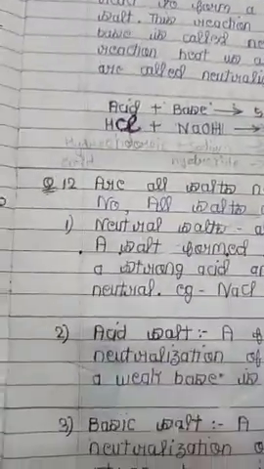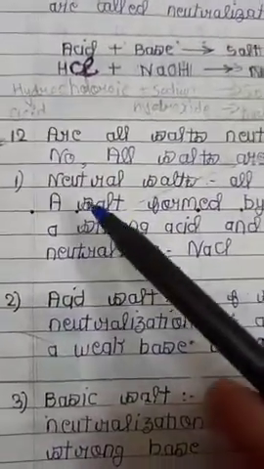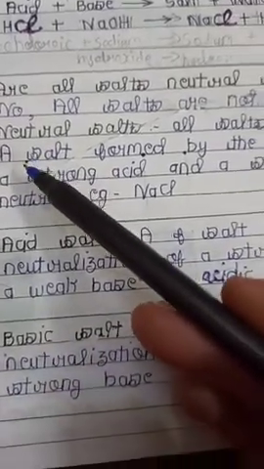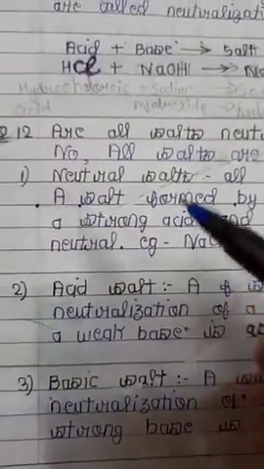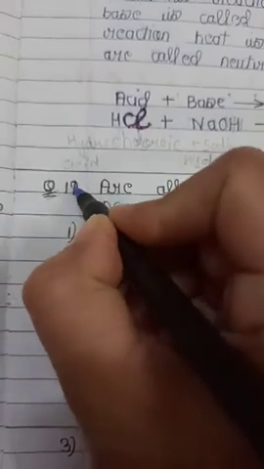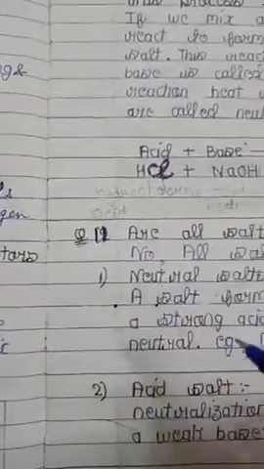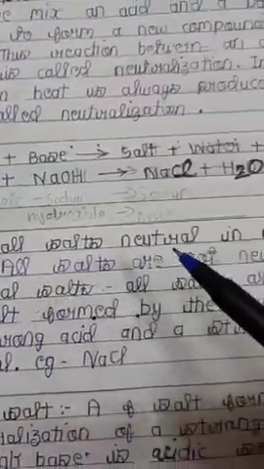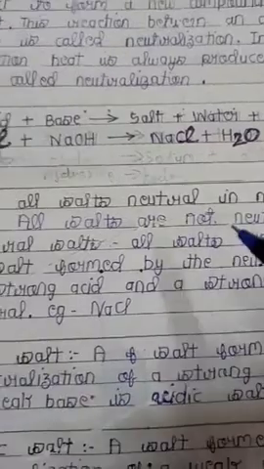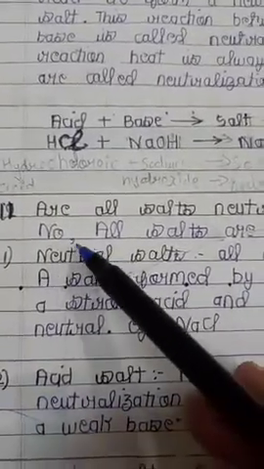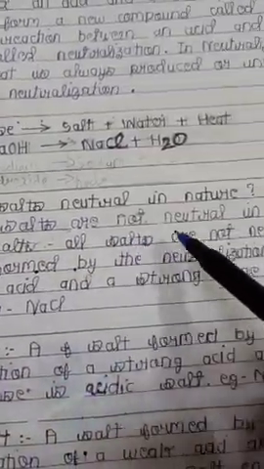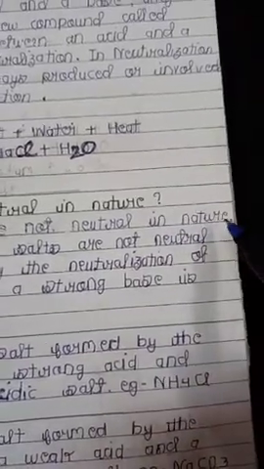Next, question number 11. You can write numbering 11, because the previous question number is 10. Are all salts neutral in nature? No, all salts are not neutral in nature.